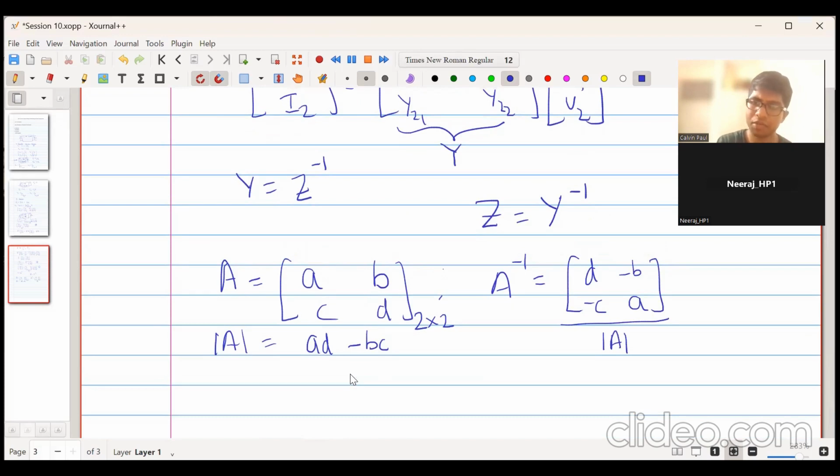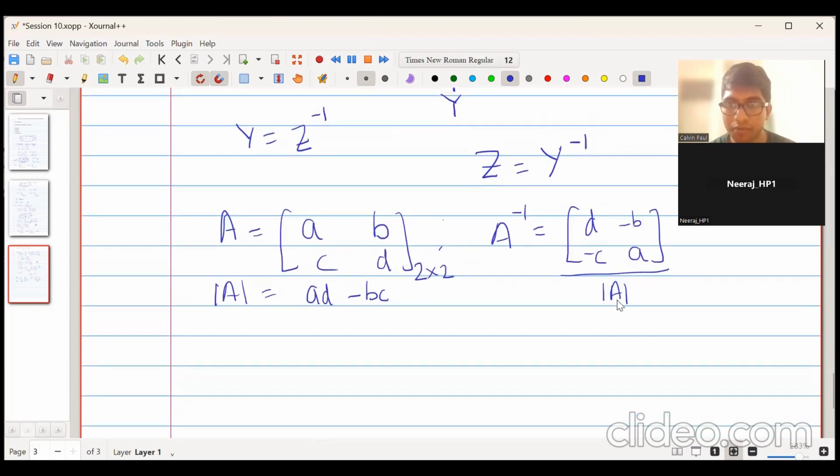So you might have studied this before, right? This is a very easy formula. Okay, don't worry. The problem is we forget. Even I forget. Every time I have to Google and remember this formula.